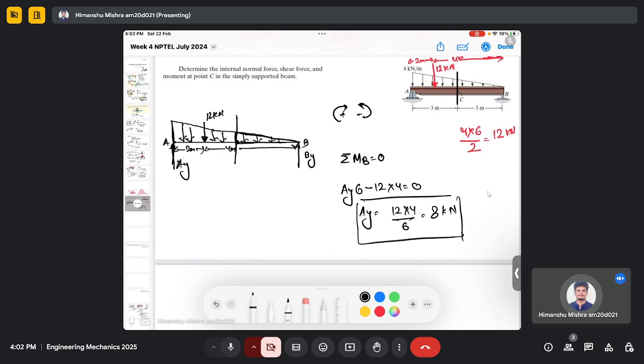If I consider the left hand side, then I will not get exactly a triangle, I will get some trapezoidal kind of shape, and we can actually solve the trapezoidal shape. For example, if we have the left hand side of the beam, this is point C where we make a cut, we will have this kind of loading.